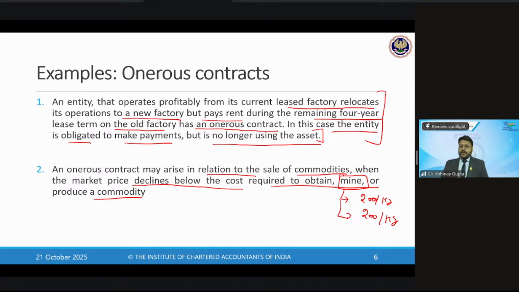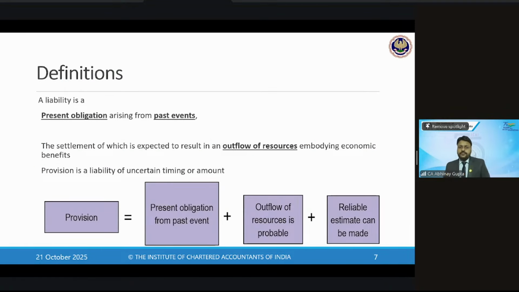If the company or the individual, whoever is in the contract, will not intend to fulfill the contract, then we will see, if the contract is not fulfilled, what are the repercussions, what are the penalties or damages, right? So that amount would be required to be recorded as the provision if that is lower as compared to the loss which otherwise would have been incurred had the contract been fulfilled, correct? So that's the key learning from this.